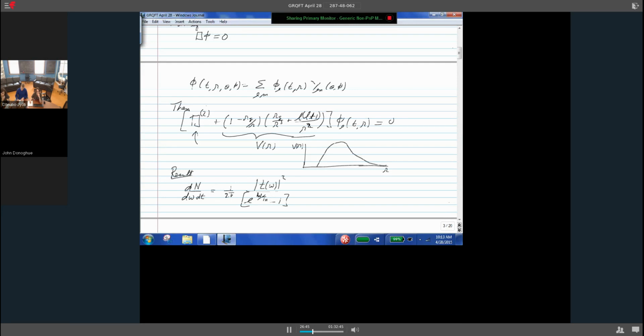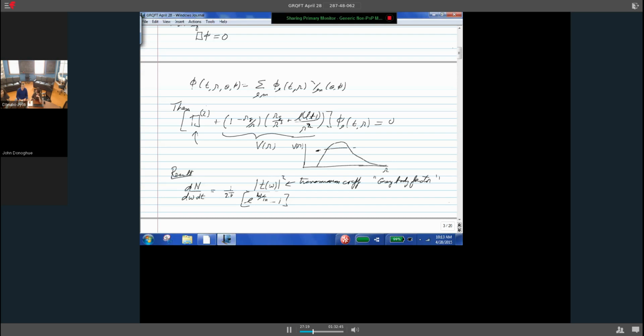Okay, so the real result for Hawking is not really black body. It's dω dt, it's 1 over 2π, you get the 1 over e to the ω over T_Hawking minus 1, so the black body part there. But upstairs you actually get some coefficients.